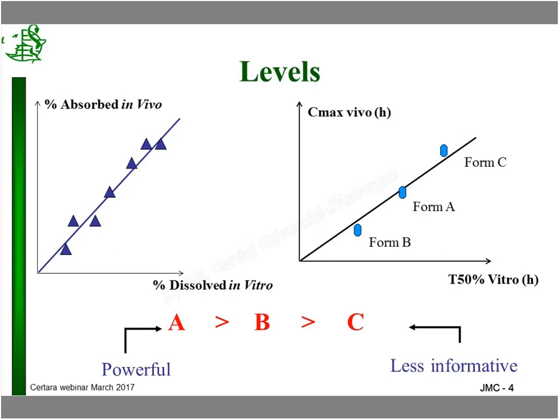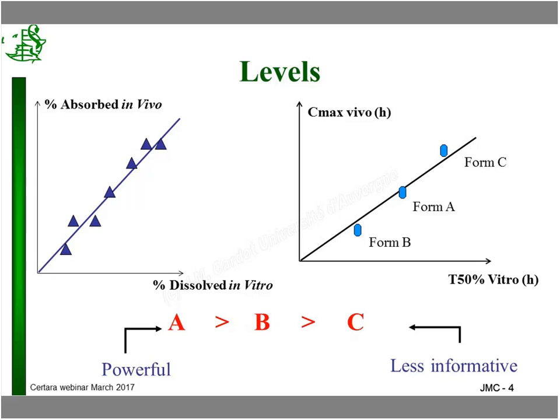If we want to make an IVIVC, we have to suppose that what you are going to observe as the percent absorbed is going to reflect the in vivo release and dissolution of the drug. So we can try to link it with the percent dissolved in vitro. That is level A, which is the most powerful level.